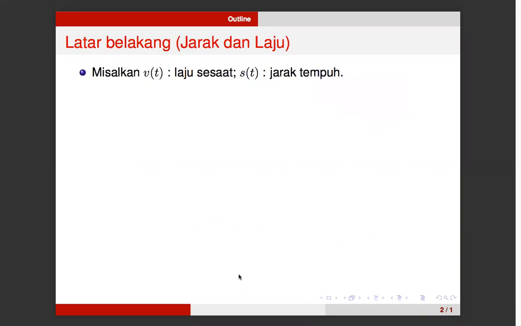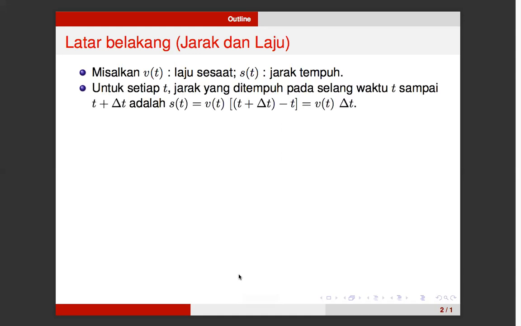Suppose v denotes the instantaneous velocity, or kecepatan sesaat, and s(t) denotes the distance traveled after time t. For every t, the distance traveled at the interval t until t plus delta t, you can calculate like this.